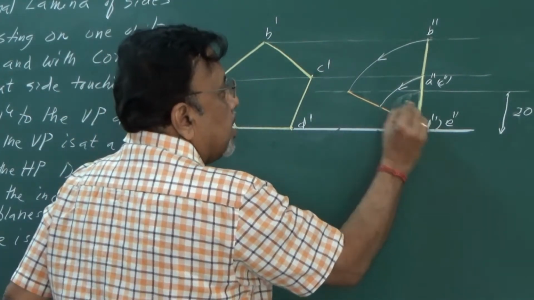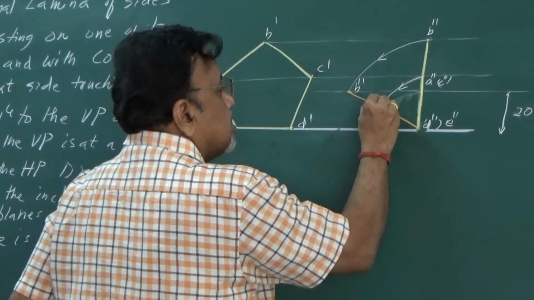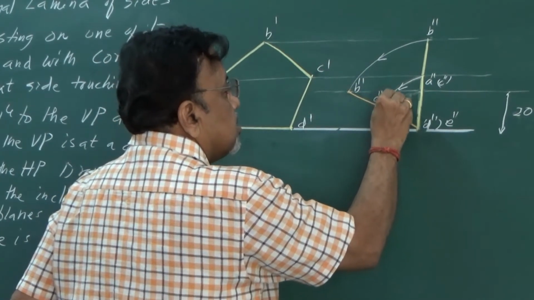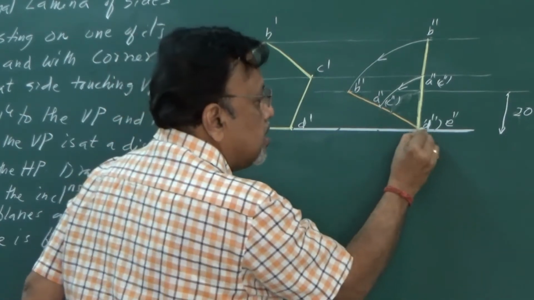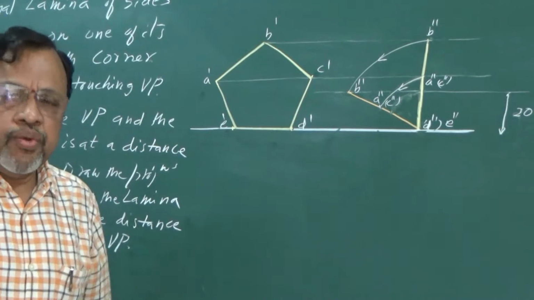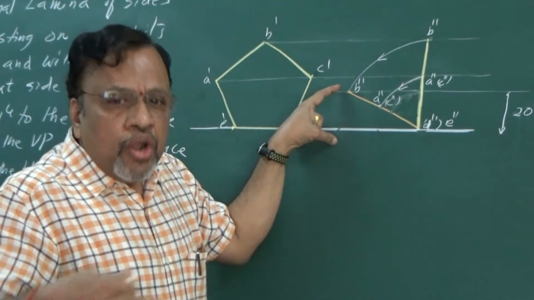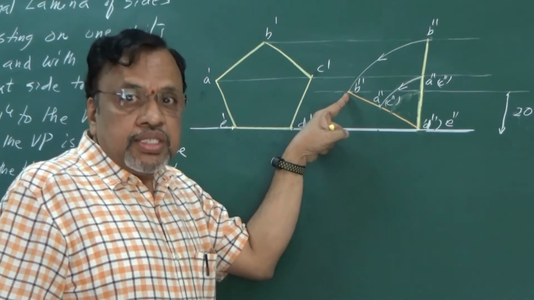So what are the points again? This point has to be B double dash, this has to be A double dash and C double dash, and this point is here only. Now I wanted this corner to be 20 mm, not only that, it should touch VP.